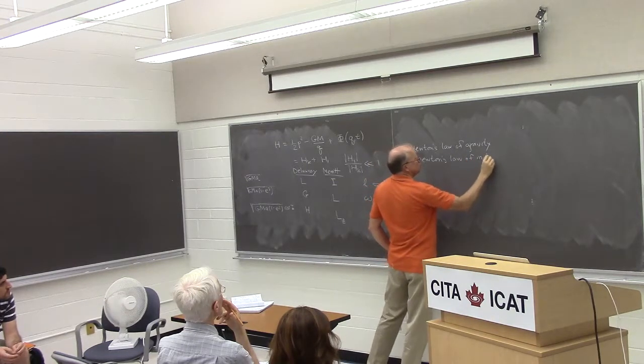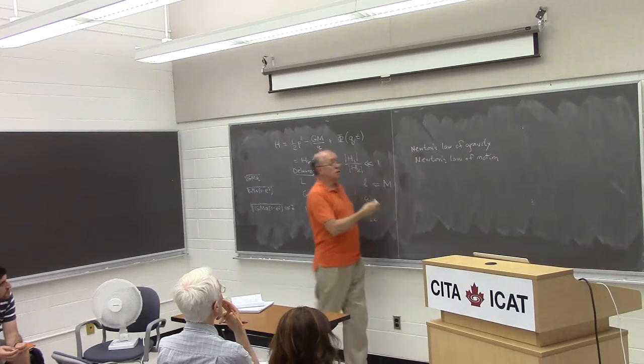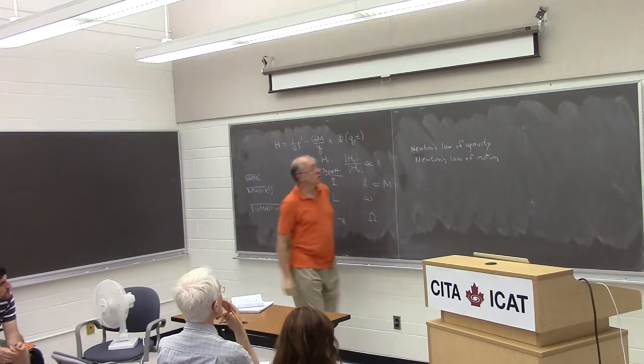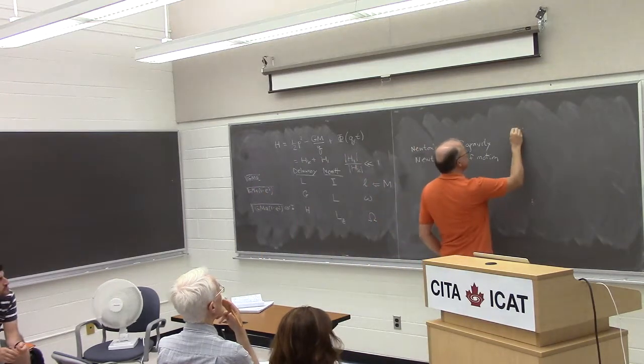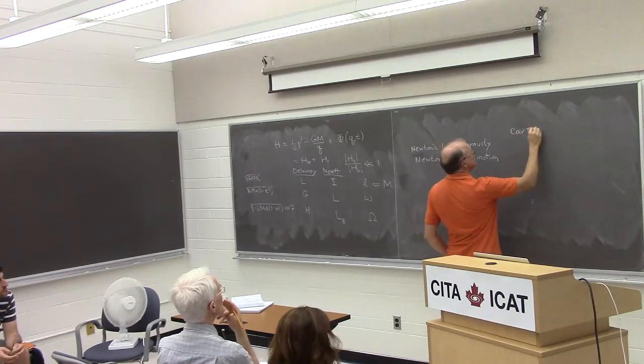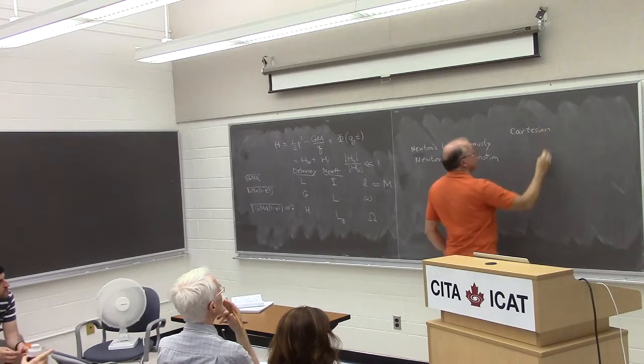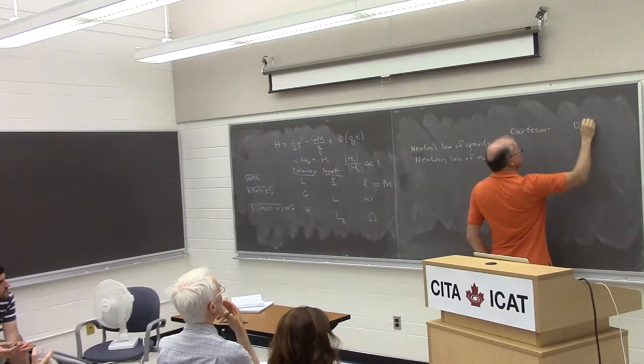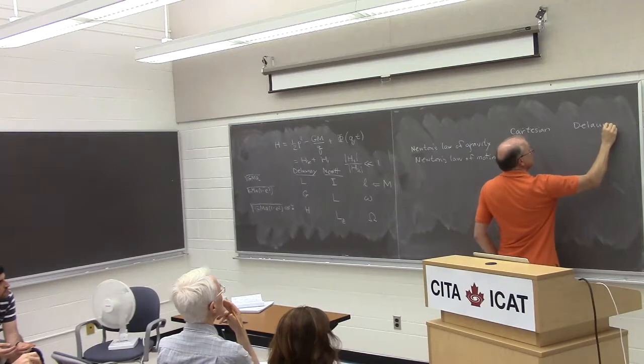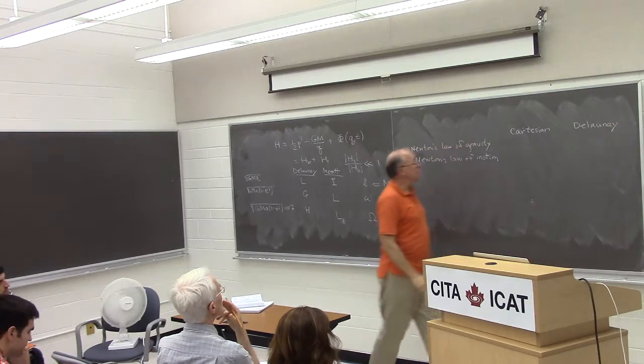And you have to pick some set of coordinates to solve these. And there are two natural coordinates. There's, of course, Cartesian coordinates, and there's action angle variables, or if you like, Delaunay elements.